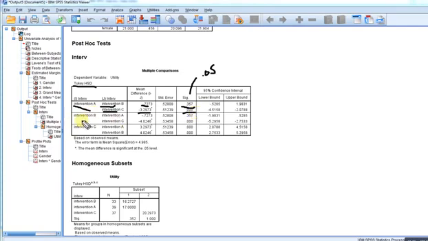Now, when you look at intervention B versus A, this is just a rehash of what we had right up here in this first row. So there's no need to actually bother with this particular finding. So now we'll just go to intervention B versus intervention C. You can see that we have a negative value, meaning again that those folks in intervention C would have had to have scored higher than intervention B. And in fact, it was about 4 points higher on average than intervention B. The difference was statistically significant.